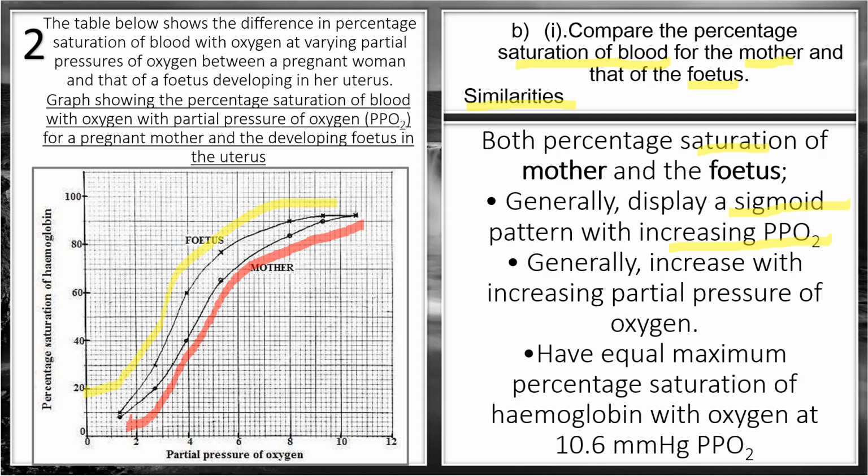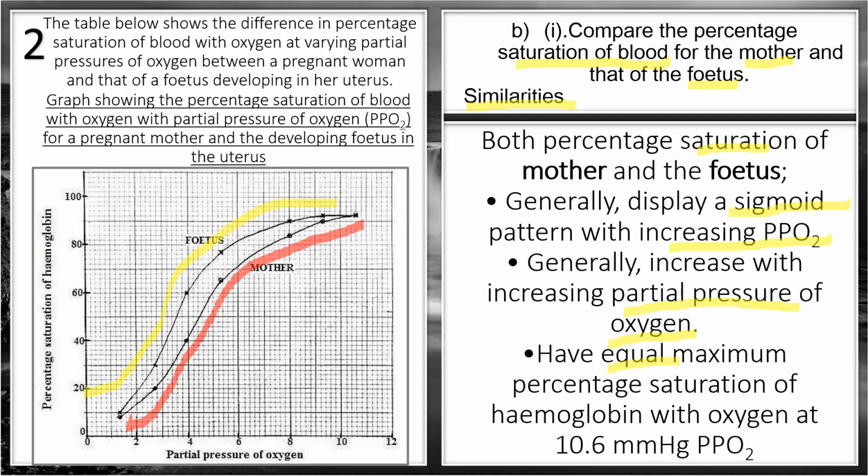And generally they increase with the increase in the partial pressure of oxygen. So when you look at both of them, the curves increase with the increase in the partial pressure of oxygen. They go on increasing.